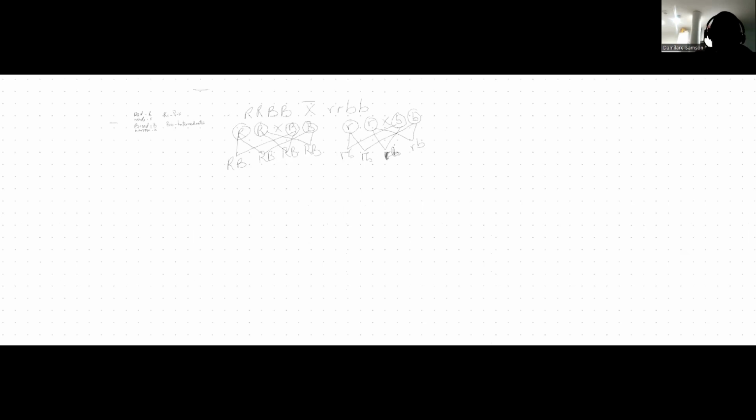Since we've gotten this, remember, we'll now take 2 of these offspring and cross them: RB circle, RB circle, cross with RB circle, RB circle. This is where I'm going to stop.